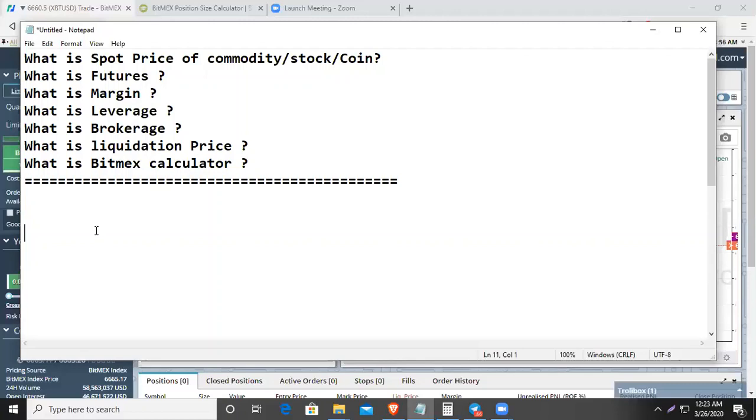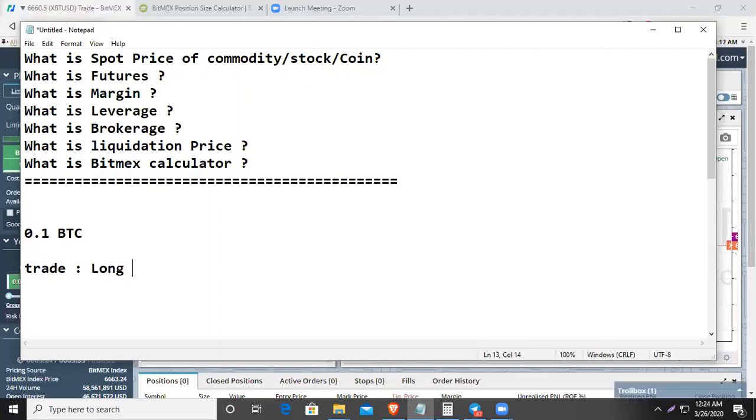So let's say I have 0.1 BTC to trade, and here is a trade idea: buy or long. I'm just going with the leverage now.